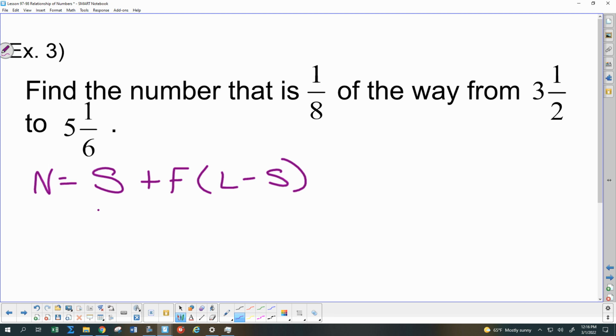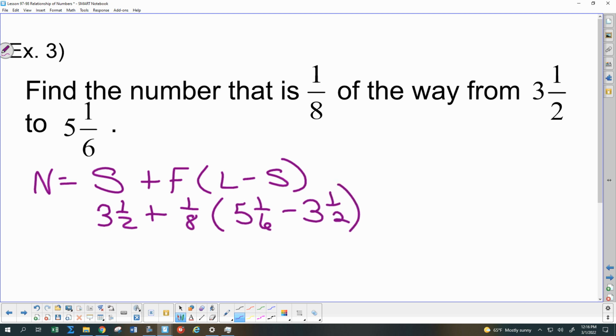3.5 plus our fraction is an eighth. And then we take the one where we're ending minus the one where we're starting. So 5 and 1/6 minus 3 and 1/2. So this one is going to give me 3.5 plus something positive.